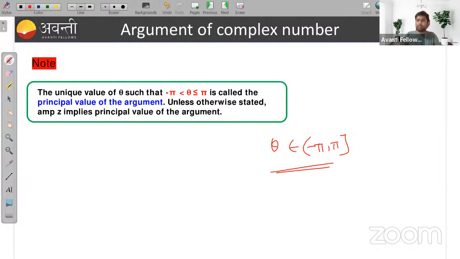Suppose here I am taking a complex number z, and this is my argument theta. Suppose I am taking another complex number. This is my z1 and this is my z2. Suppose this is my theta 1 and this is my theta 2. Then what is the argument of z2? Argument of z2 is what?